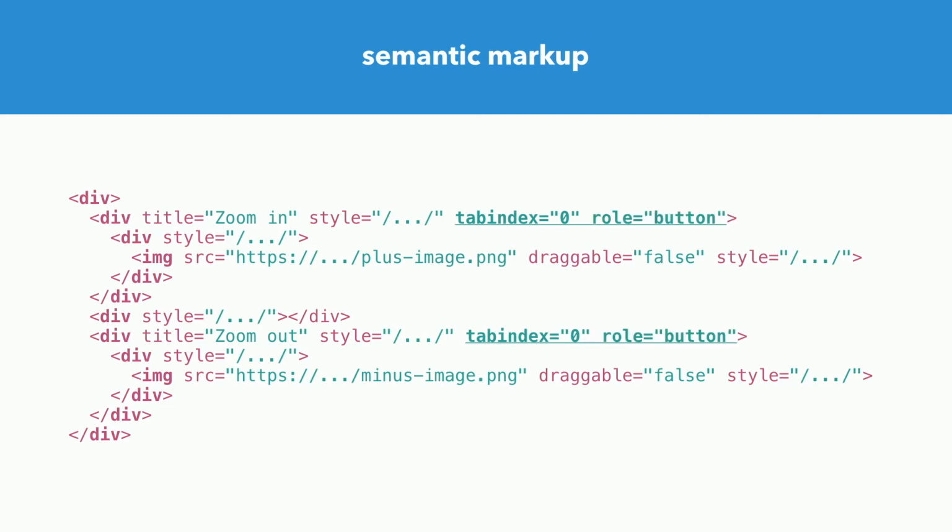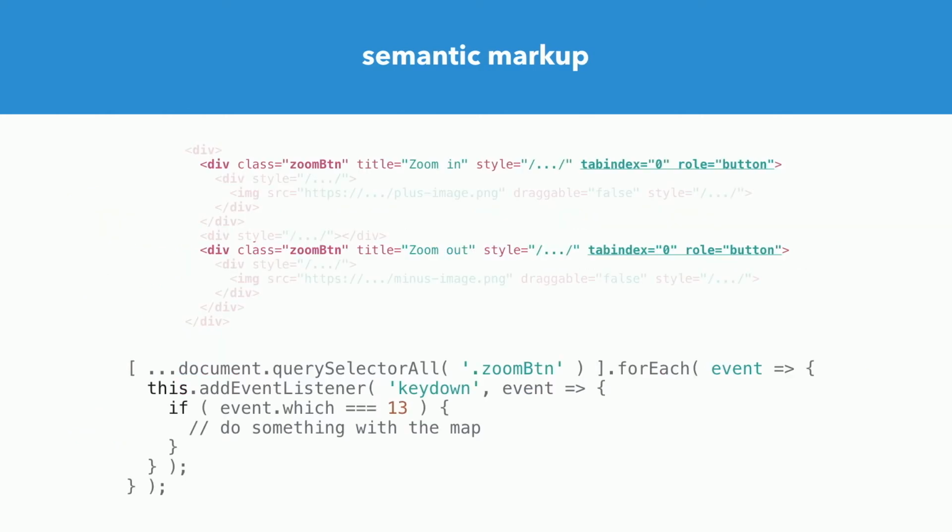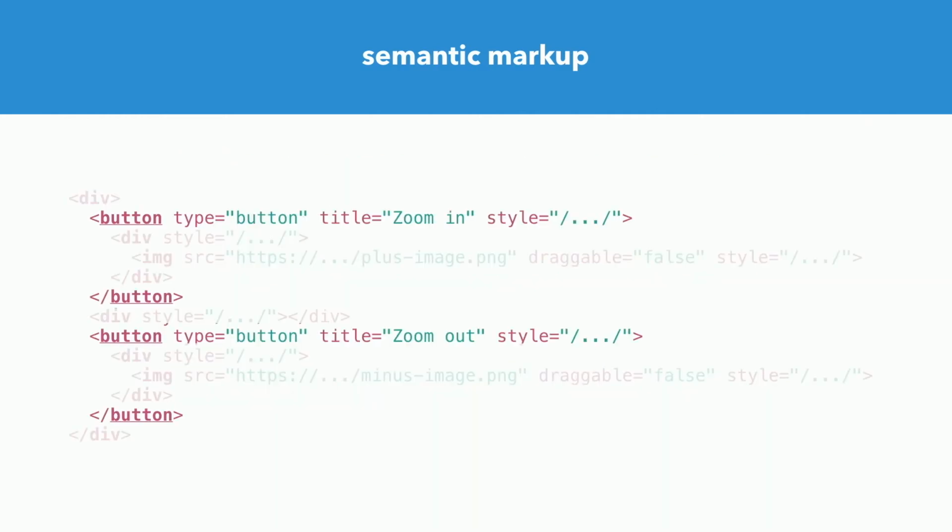So let's put role button on it, right? But now when you hit the space bar, or the enter key, nothing happens. So let's throw some JavaScript on it to make that work. Or, in the end, just use a normal button, man.